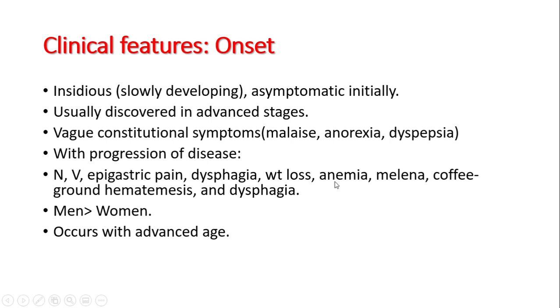Weight loss, anemia due to chronic blood loss, melena, that is black tarry stool, a sign of upper gastrointestinal bleeding, and coffee ground hematemesis, bloody vomitus, and dysphagia again.